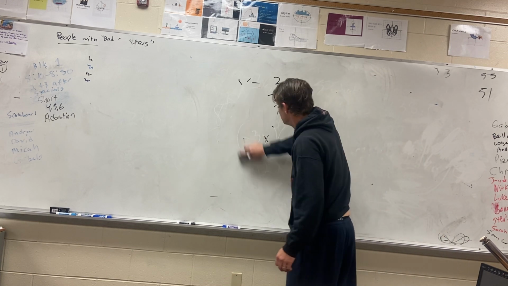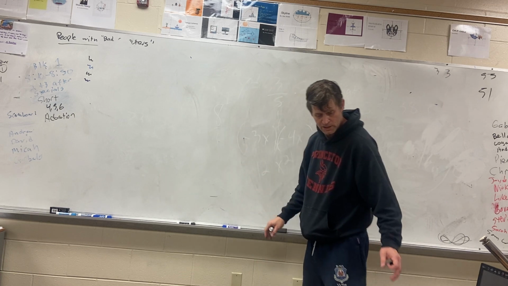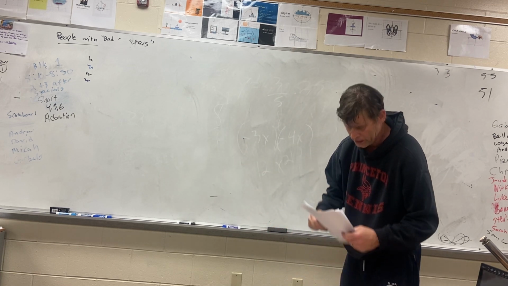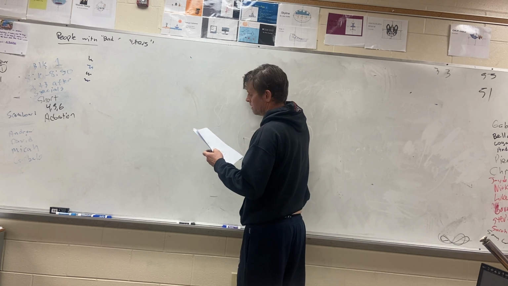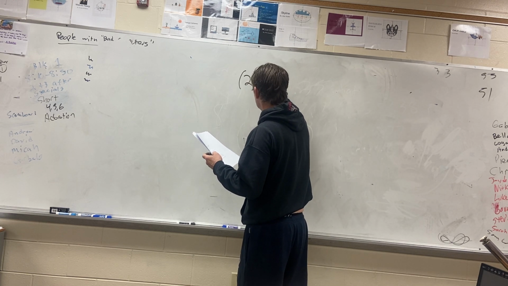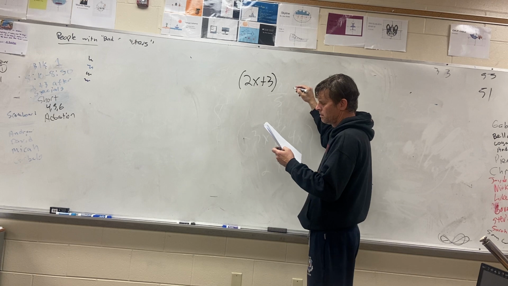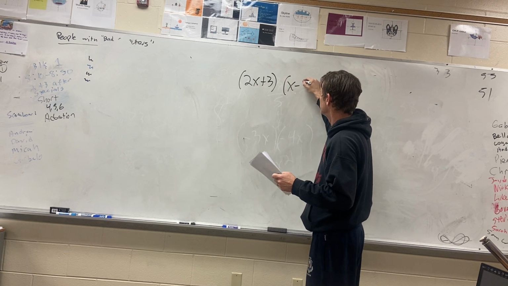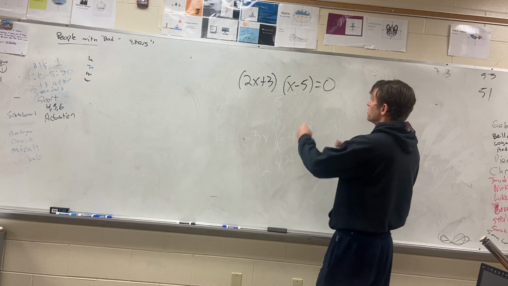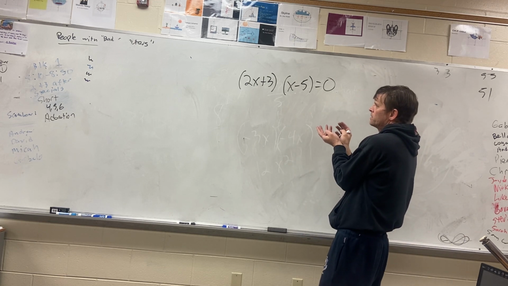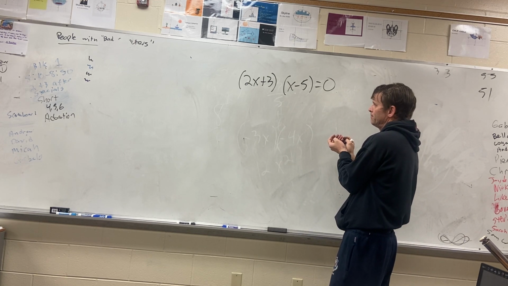Question 18. This again is new to this test. We didn't do this back in September. Questions 18 and 19. We had 2x plus 3 times x minus 5 equals 0. So this is the weird kind where you don't do once upon a time.